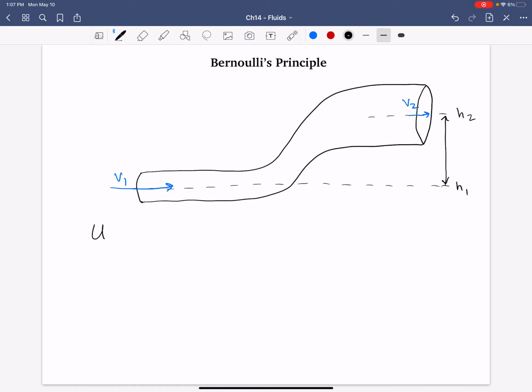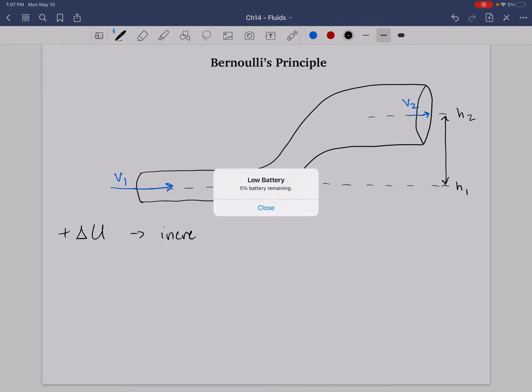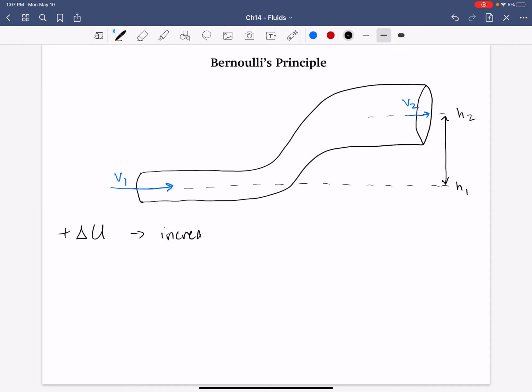So let's say the change in U is positive. It's increasing. Because the potential energy is increasing for that water molecule, its speed is then decreasing.